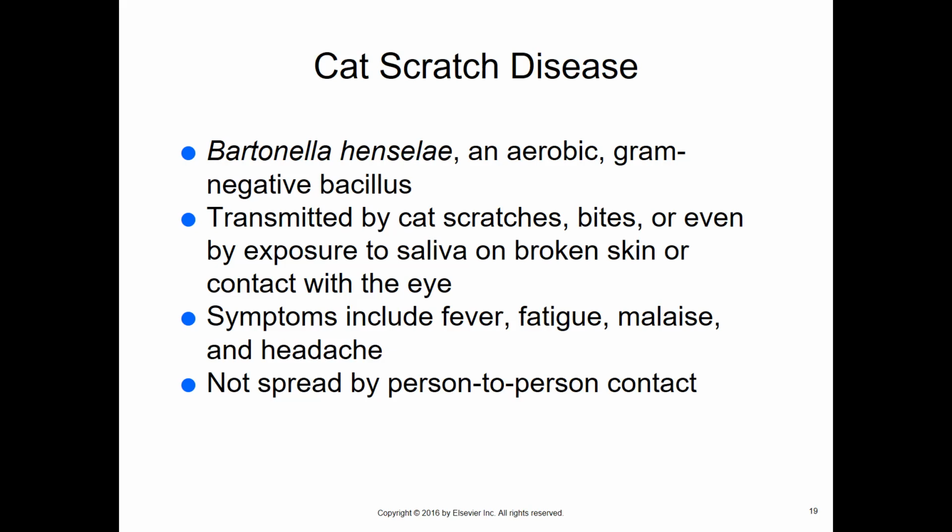Signs and symptoms would be fever, fatigue, headache, malaise, and swollen lymph nodes. We don't usually give antibiotics for this, but if the person was immunosuppressed or at high risk, then we probably would. If we were going to treat it, it would be something like a cephalosporin, erythromycin, or doxycycline.